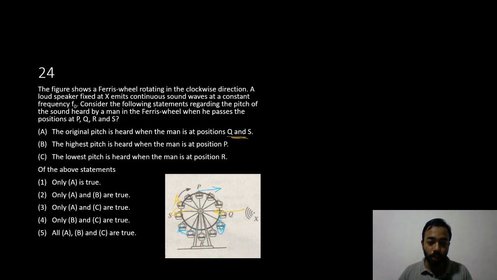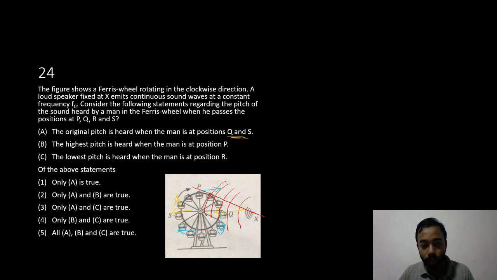Out of the points P, Q, R and S, they have mentioned the highest pitch is heard when the man is at position P. But he will hear a higher pitch at a certain other position. If I just draw it, you can see, if you draw a straight line starting from the point source to the Ferris wheel, you can see that the wavefronts are moving in circular paths like this.